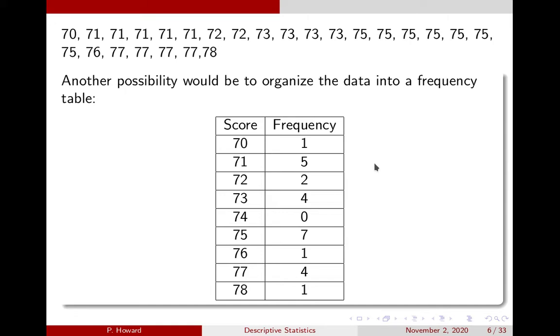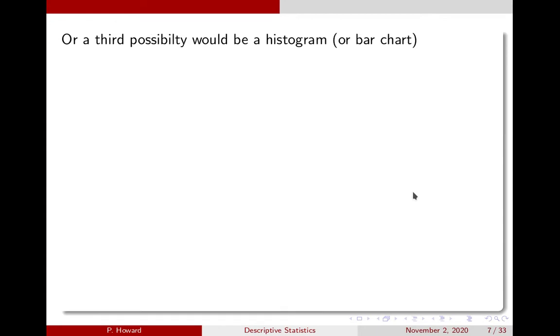This is probably easier to read than simply having the list of numbers in order. Easier to see what the data looks like. A third possibility would be a histogram or a bar chart. This is really just a picture of the frequency table.